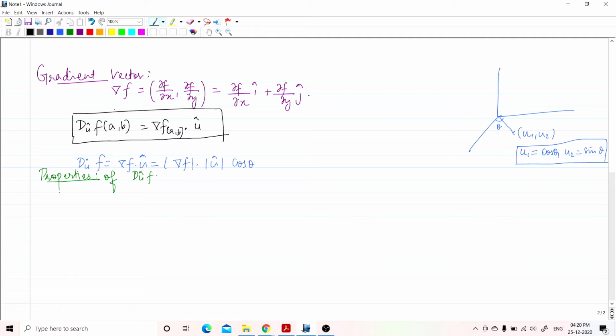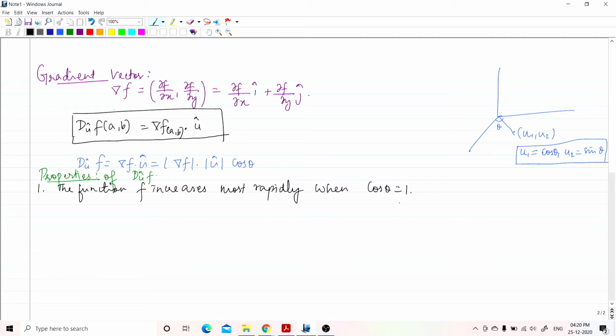So the first property is that the function f increases most rapidly when cos theta equals 1.